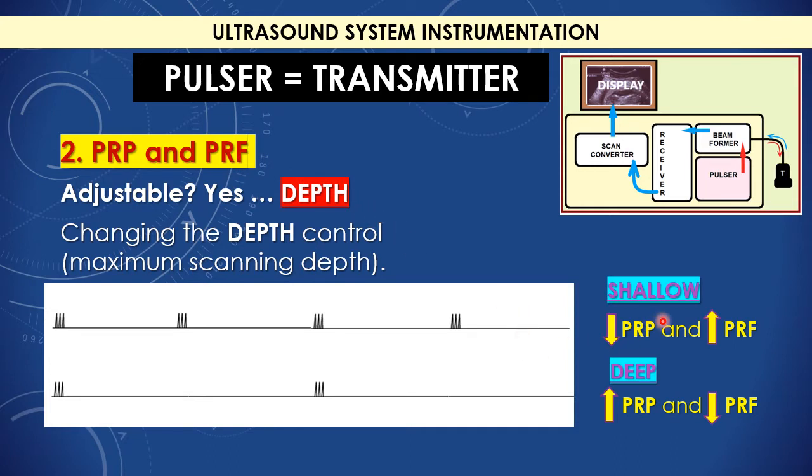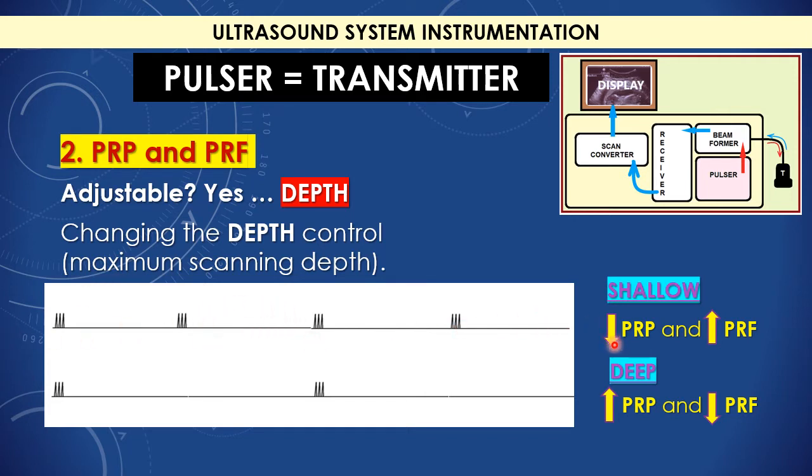If I go shallower, what happened? This is here a representation of the pulse and the receive time, pulse, receive time, pulse, receive time. So if I'm scanning shallower, if I go by the depth, for example, from 10 centimeter to 5 centimeter, what happened? The PRP will be shorter and the PRF will be high.